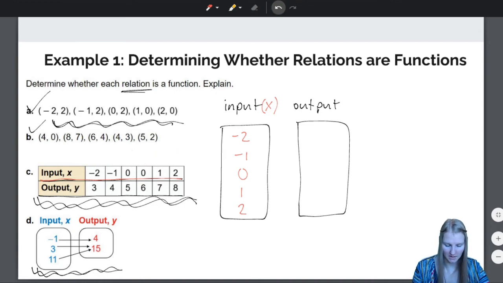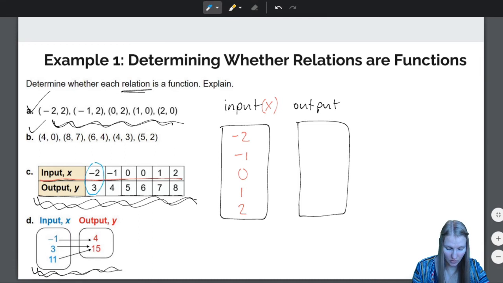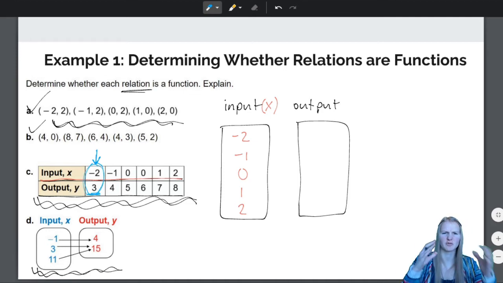Okay, and now we see -2. If I have the input of -2, I get 3. That's why the -2 is right on top of the 3. So -2 points to 3.